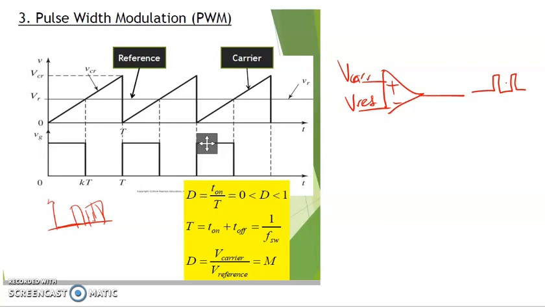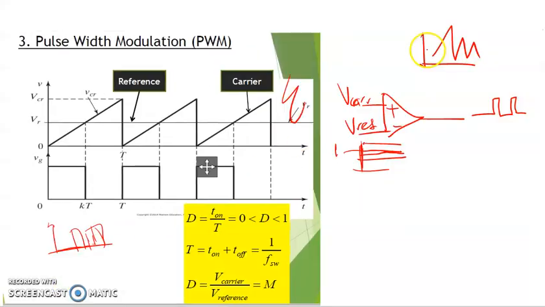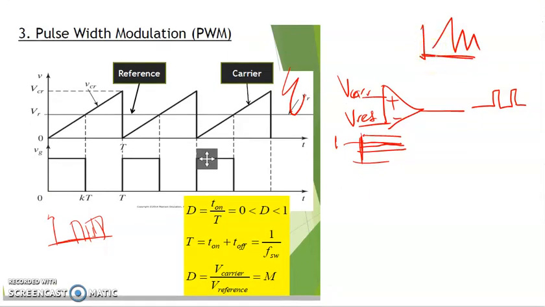So when we adjust the reference voltage lower or higher, the intersection with the carrier signal will be adjusted. If we intersect at a lower voltage level, the pulses will be modified.